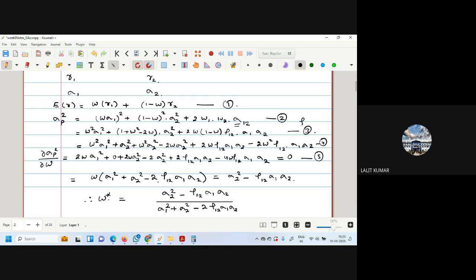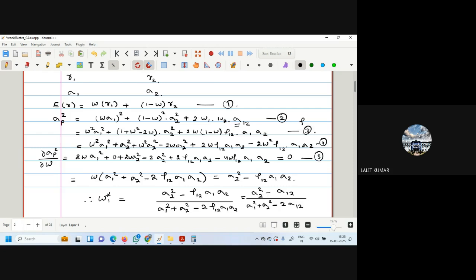And just to remember this formula, we can write it as sigma 2 square minus the covariance of 1 2, divided by sigma 1 square plus sigma 2 square minus 2 into sigma 1 2. Is this okay? So in case you forget the formula also, we can calculate this.